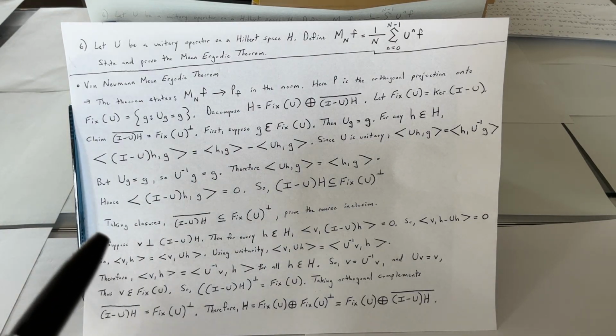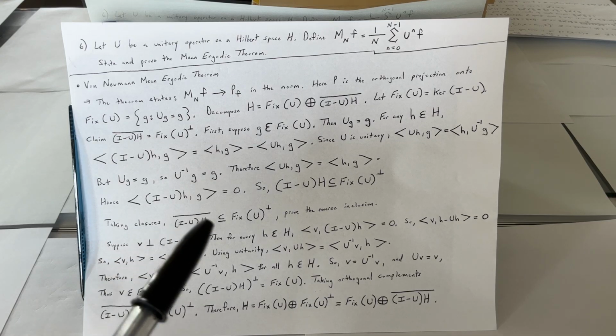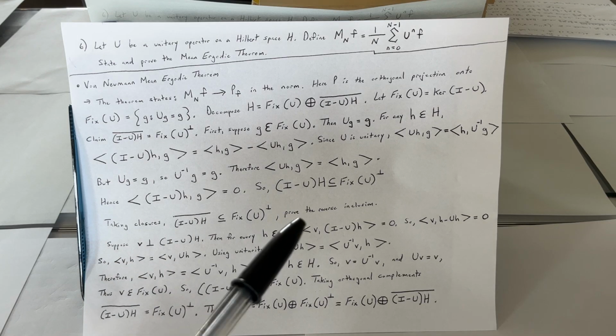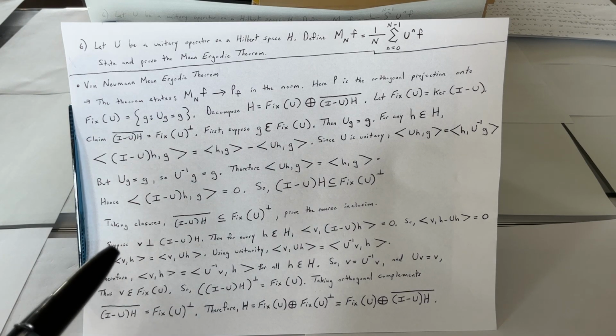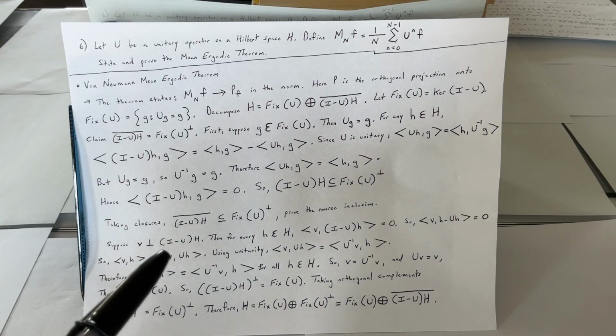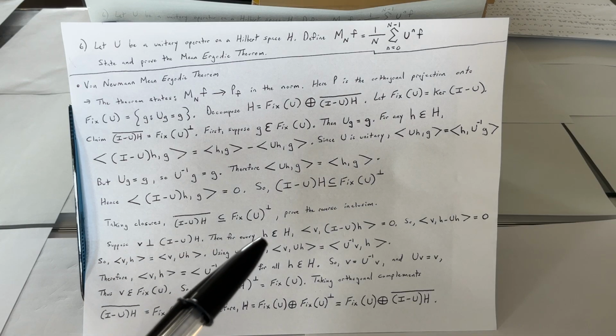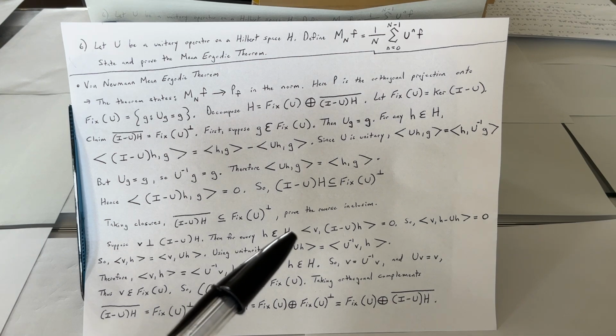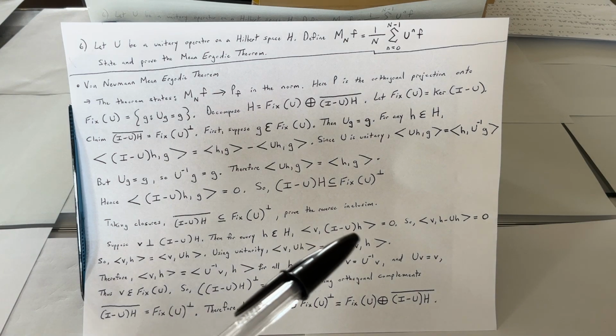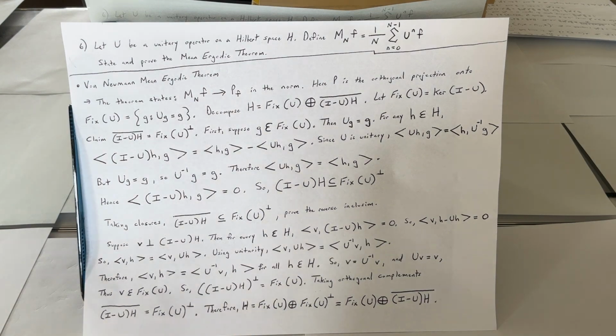We're going to take the following closures and prove the reverse inclusion from here. So we're going to suppose the following. And then for every h in capital H, this inner product equals 0.